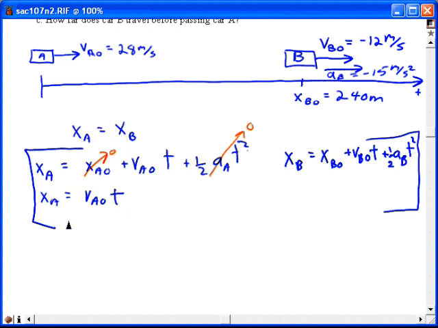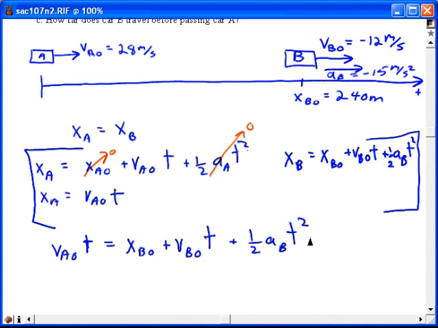Now XA being equal to XB means that VA0 t is equal to XB0 plus VB0 t plus 1/2 a sub b times t squared.